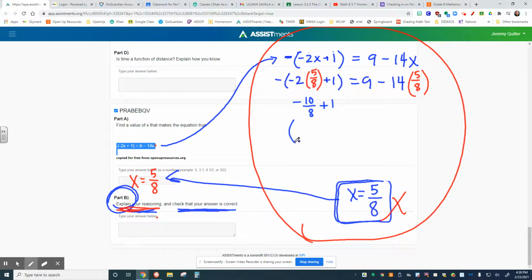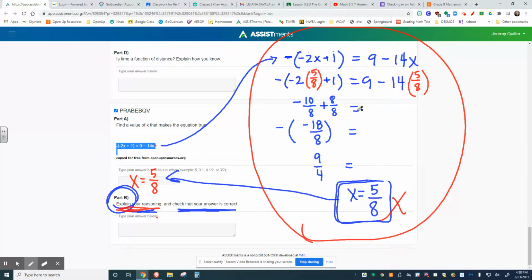We can change that 1 and consider that 1 as 8/8. And so what I get in here is -18/8. And I'd be taking the opposite of that. The opposite of -18/8 is +18/8, but 18/8 can be reduced to 9/4, and it would be positive.